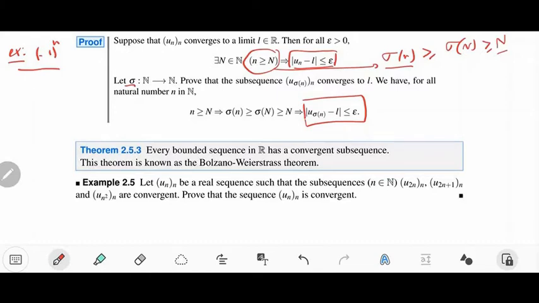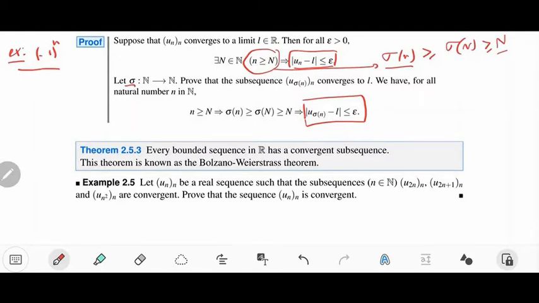So in here, for example, we are taking u2n, which is the sequence with even indices, u2n plus 1, which is the subsequence with odd indices, and then un squared, which is the sequence with squared indices. So if these three subsequences are convergent, then the sequence un is convergent. And I will recall, this is not true for any selection of subsequences.